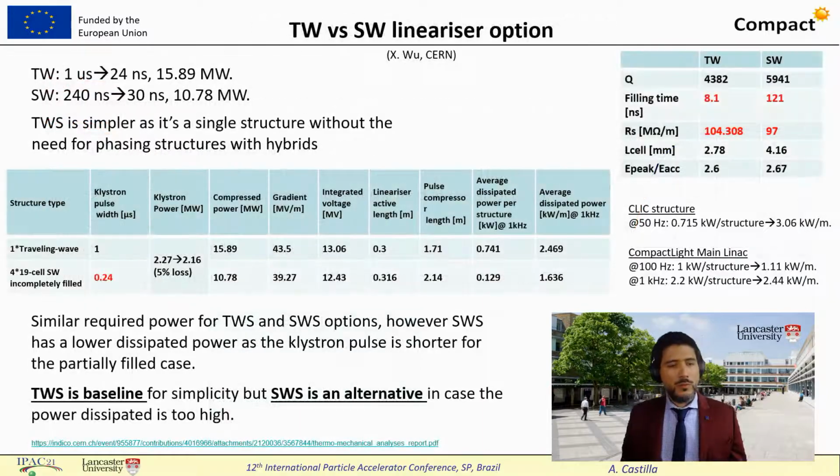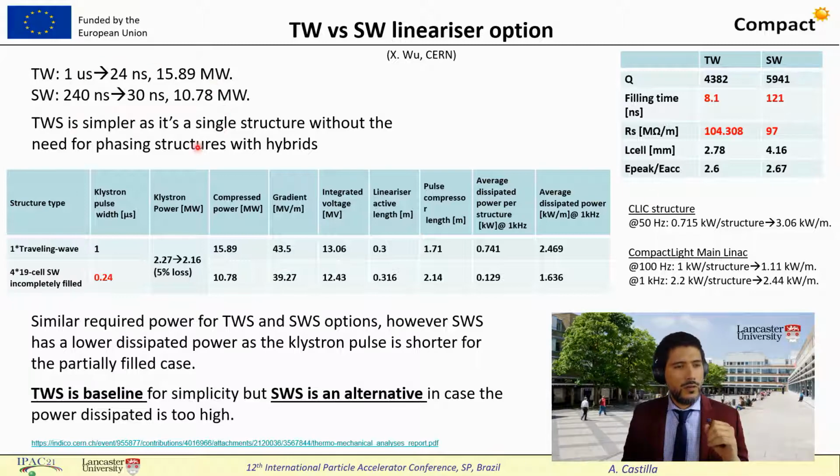Now let's look at both traveling wave and standing wave structure options side by side. If we look at the table on the top right corner, we will see that the numbers are actually fairly similar between each other, except for the filling time. Again, remember that this 121 nanoseconds for the standing wave structure is the fill time for 100% build-up of the field.